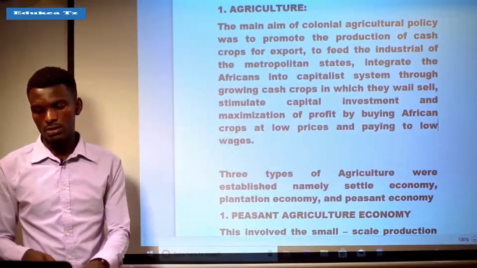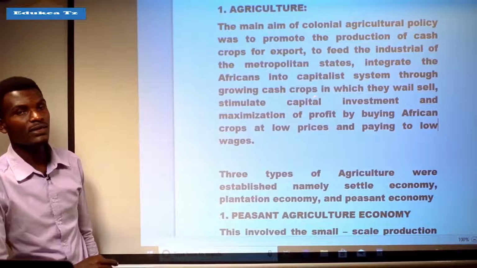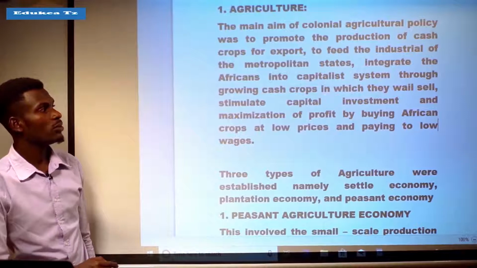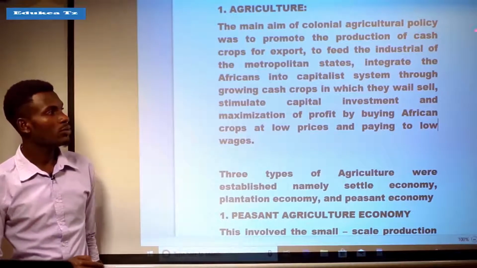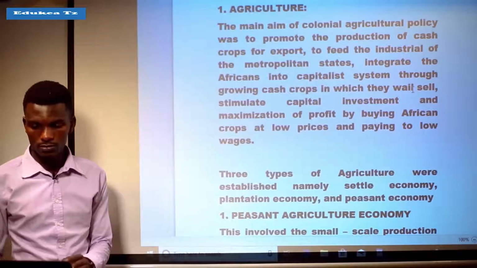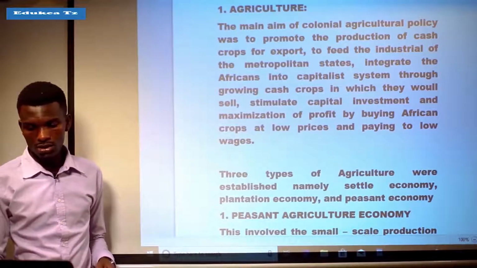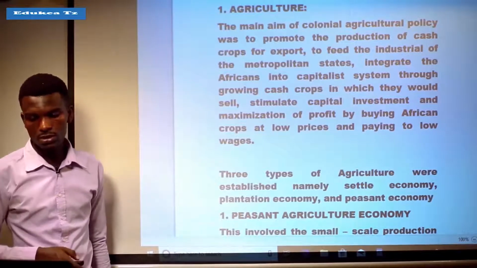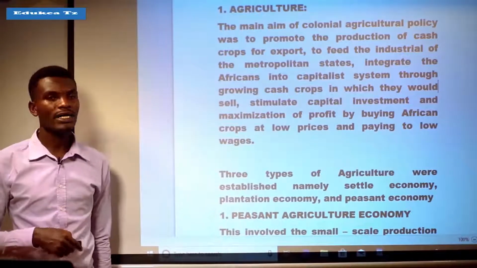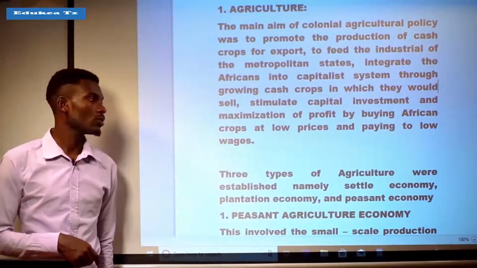It means that agriculture was aimed at integrating the Africans into the capitalist system through growing cash crops, and stimulating capital investment as well as maximization of profit by buying African cash crops at low prices and paying low wages.